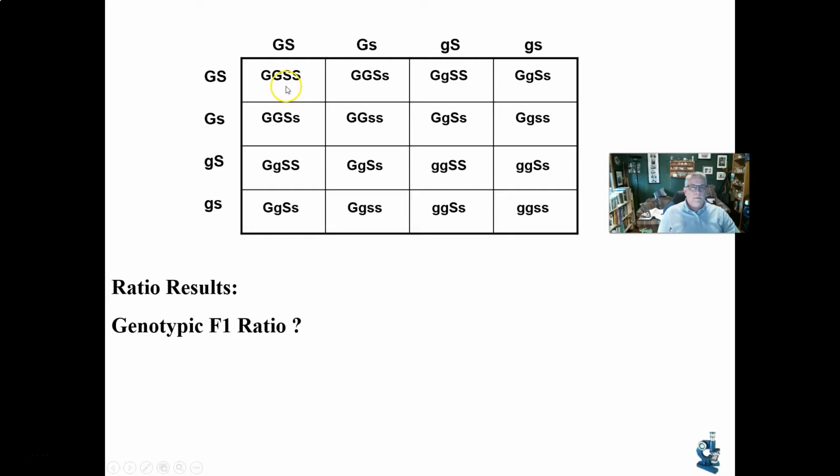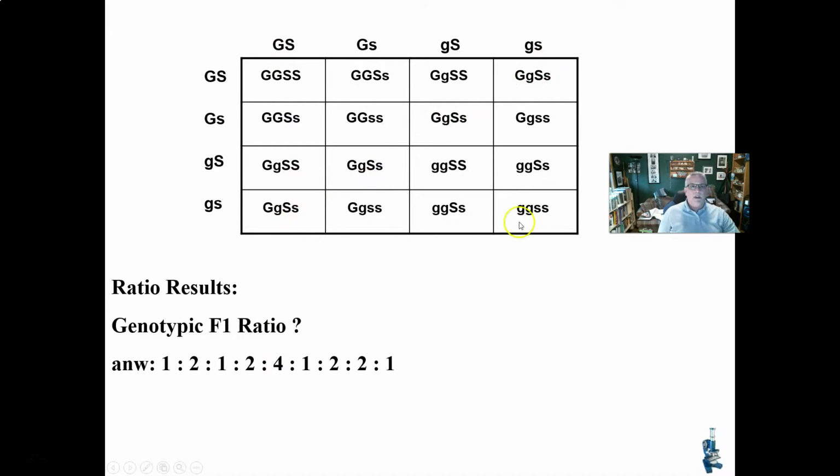There's one, right? Now go down a little further here. How many big G, big S, little s's are there? There's two. How many of these? How many of these? There's the answer. It's a 1, 2, 1, 2, 4, 2, 1, 2, 1 ratio. That 4 right there are these 4 right here.